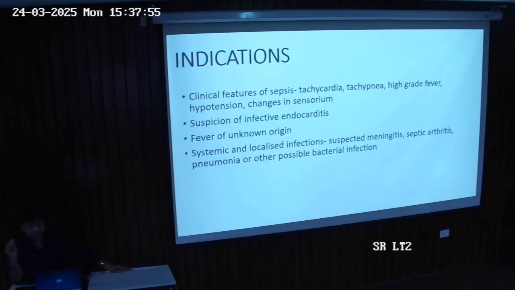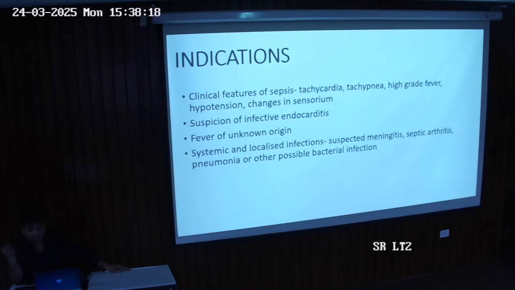Clinical features when we advise blood culture: usually in sepsis, patients have tachycardia, tachypnea, high grade continuous fever, hypotension in septic shock, or altered sensorium, or suspicion of infective endocarditis. Because infective endocarditis has less bacteremia, or less bacteria in the blood.